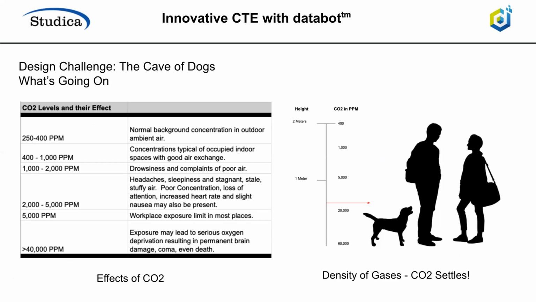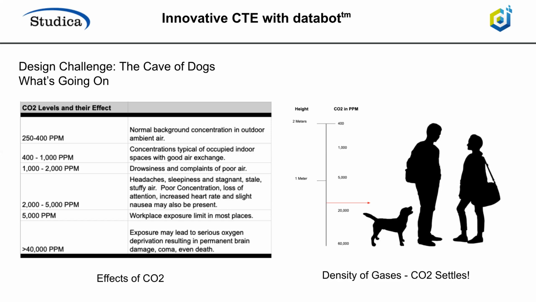The cave has a volcanic fumarole that's feeding CO2 into it constantly. And there's enough ventilation that the cave doesn't fill up all the way to the top, but there's this level of extreme concentration that's about a meter or lower. So your dog, you can see there in the silhouette, is below that level and in the hazardous zone.